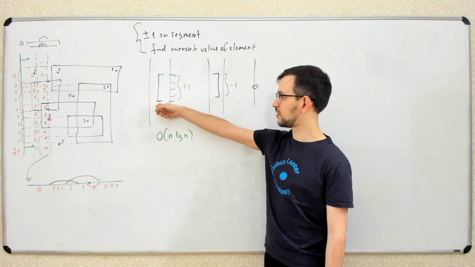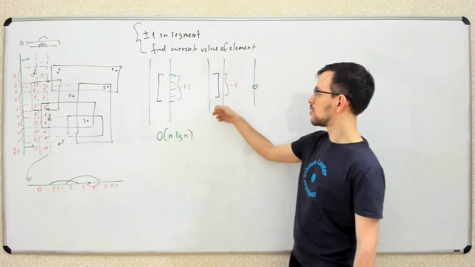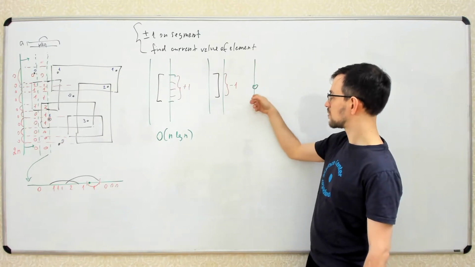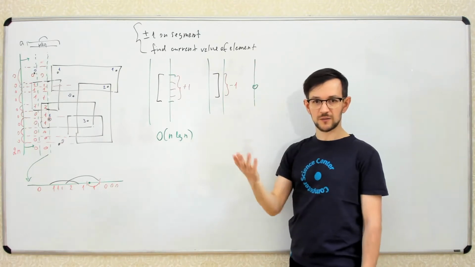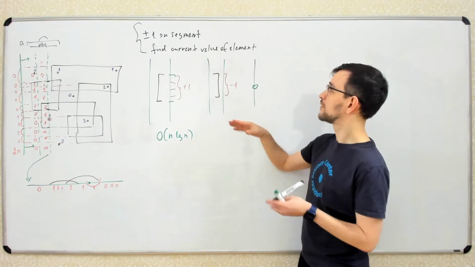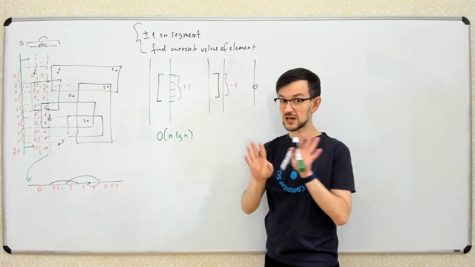When you see this event, you add one. When you see this event, you subtract one. And when you see this event, you find the value and put this value in the result. That's all. After you implemented the segment tree, it's actually very simple.